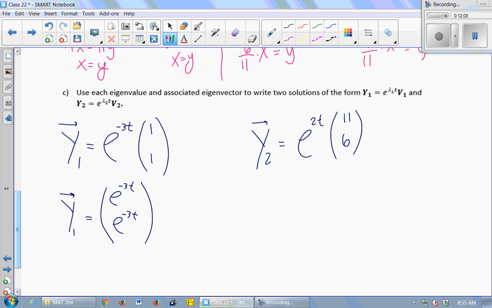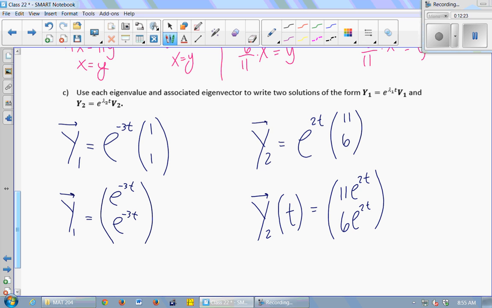and y2, which is actually a function of t, so you might want to write that. It's a personal choice. And we have 11 e to the 2t and 6 e to the 2t. And you might also, again personal preference, remind yourself that's x of t and that's y of t.